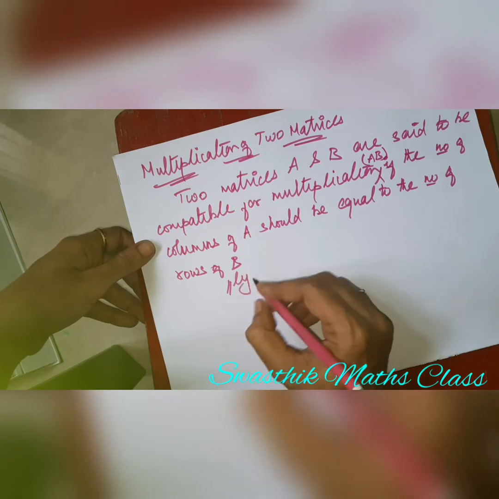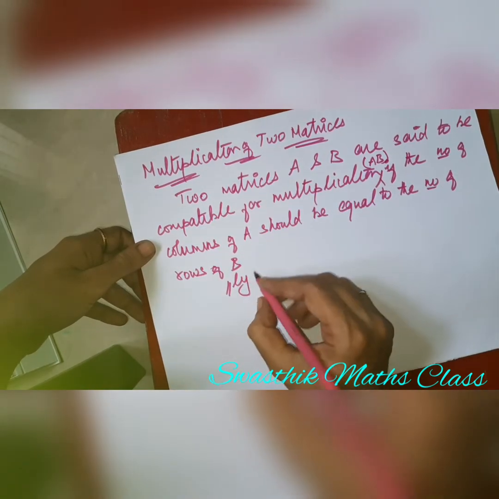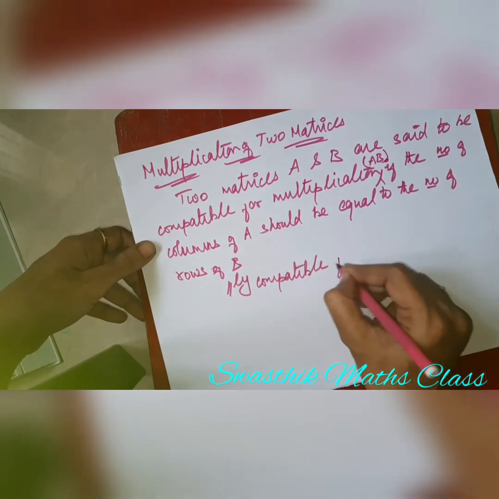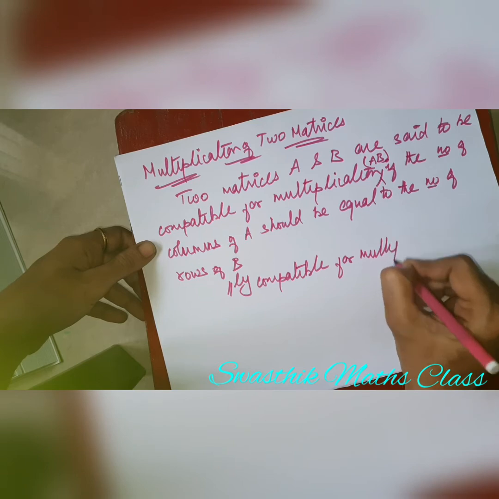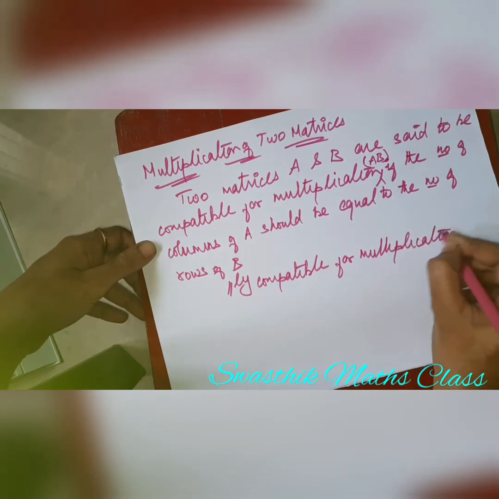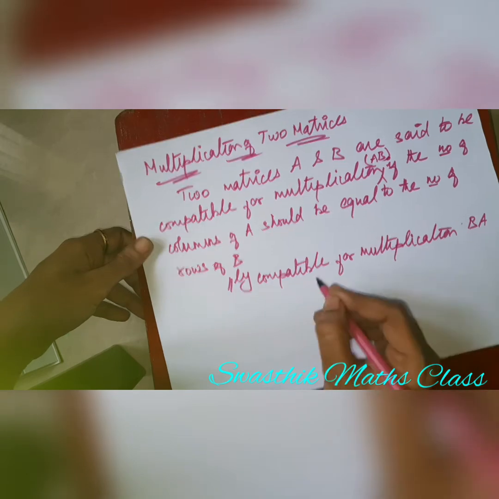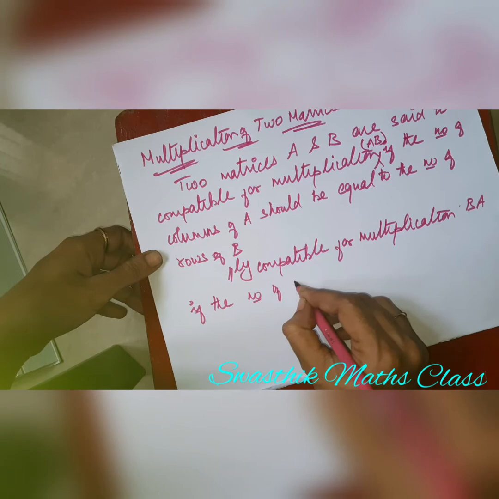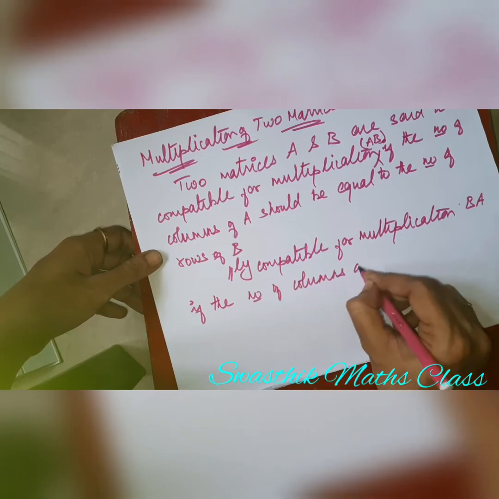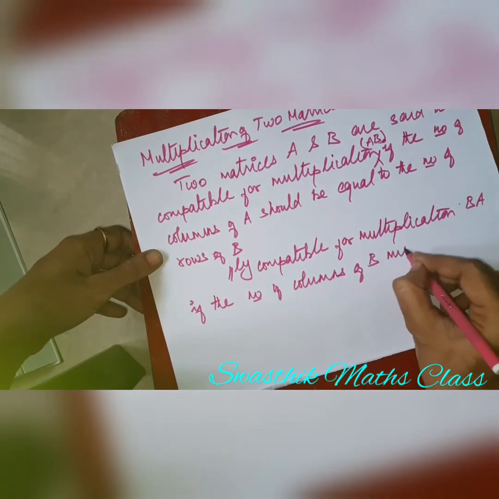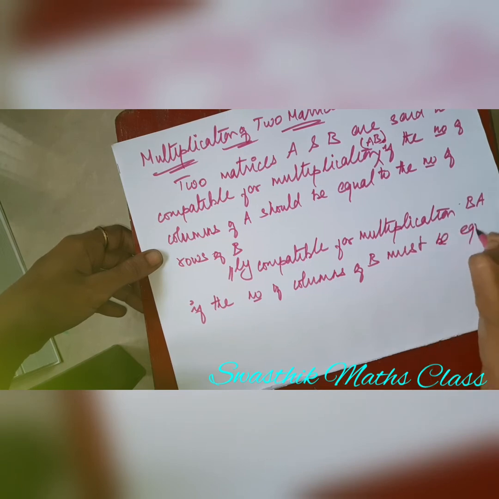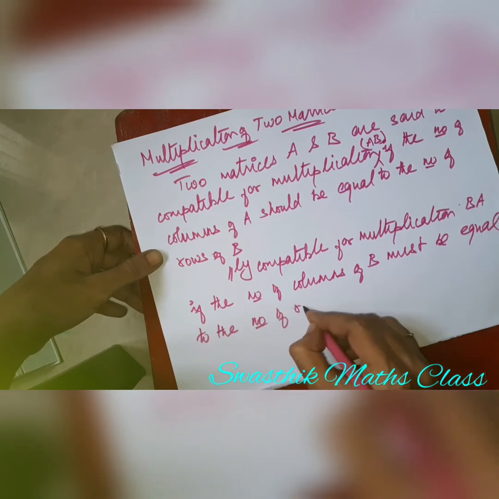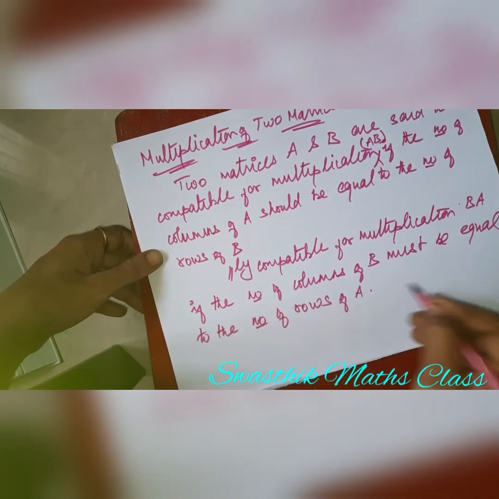Similarly, these matrices are said to be compatible for multiplication BA if the number of columns of B must be equal to the number of rows of A. Okay.